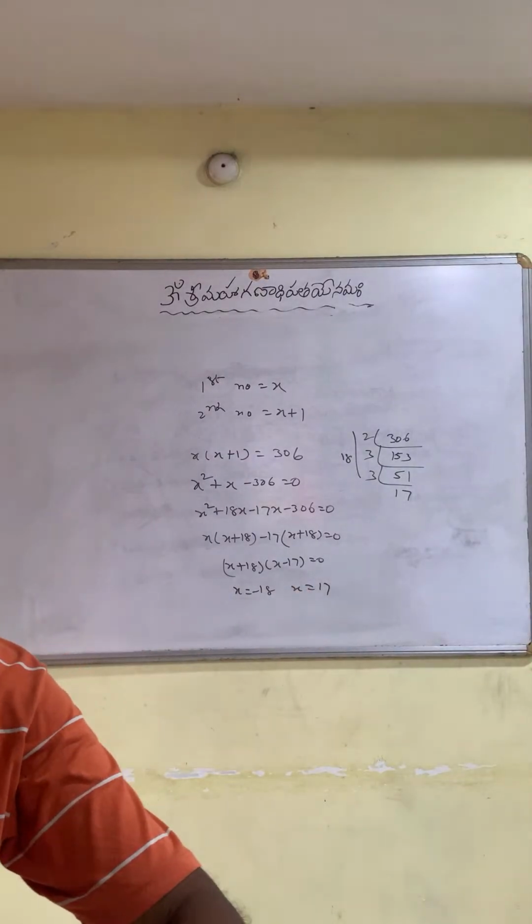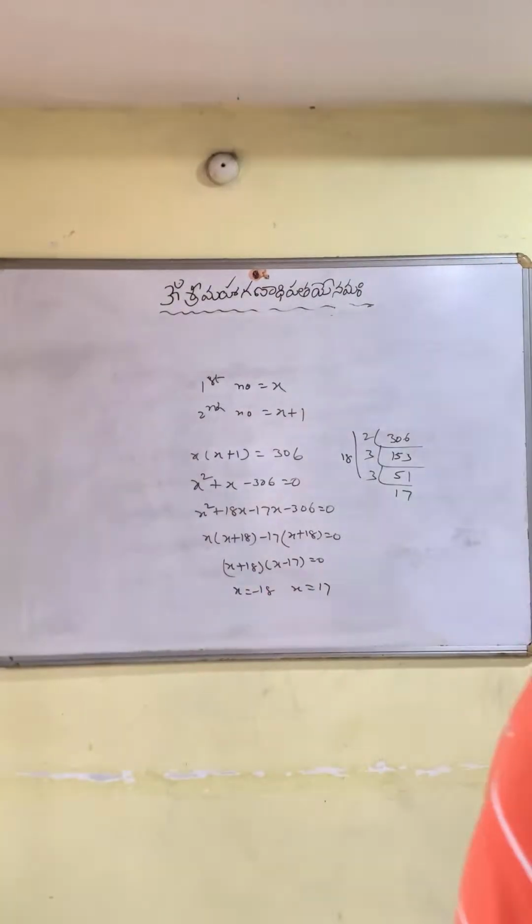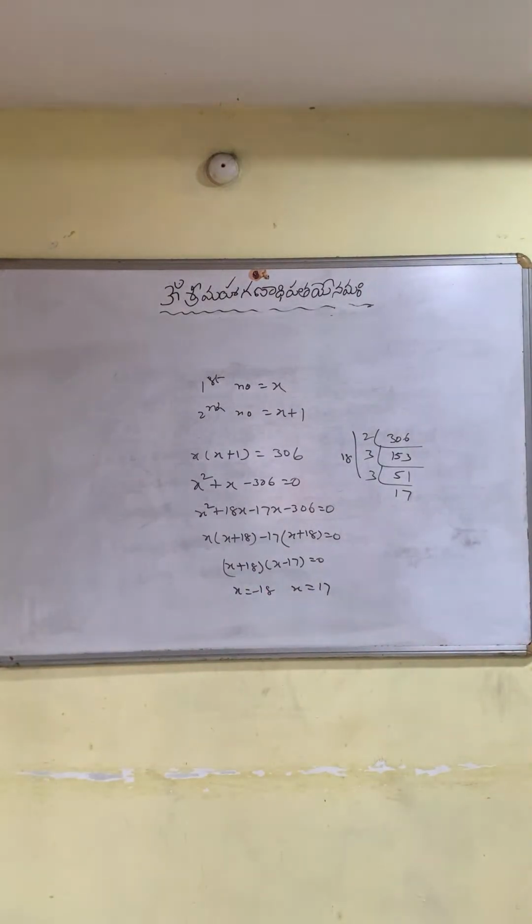Can we consider negative 18, children? No. Why?